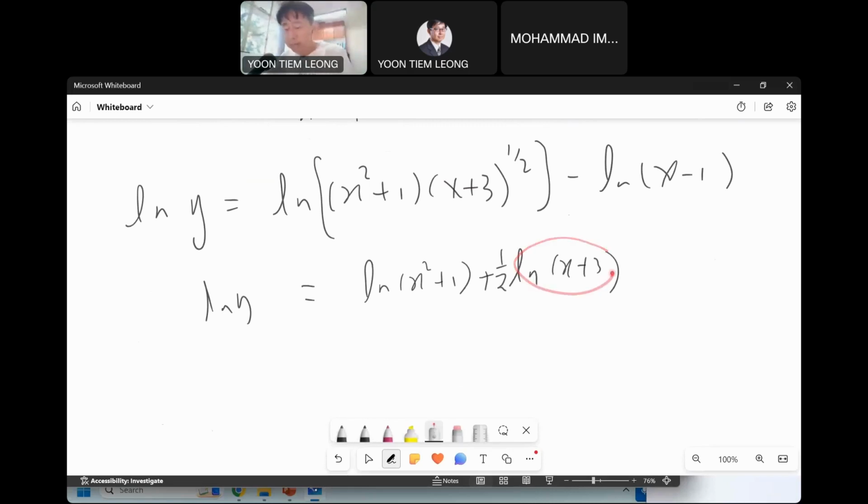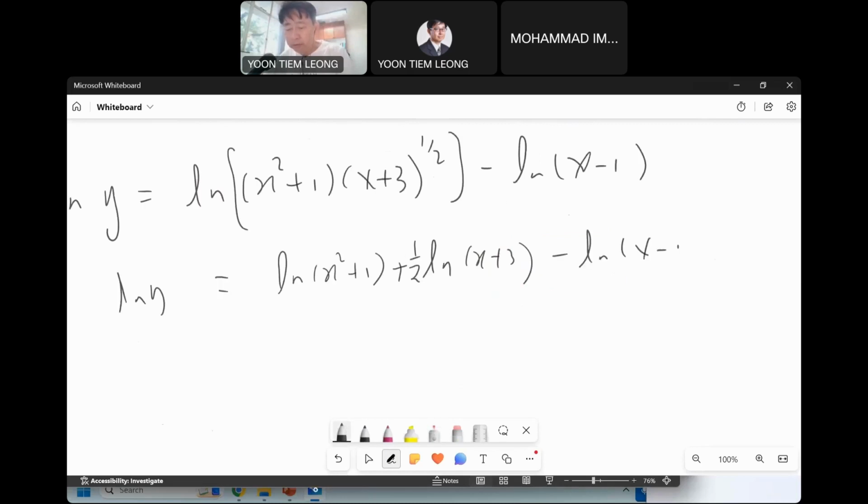Right here you have log of a power term. Now here is the product of two terms. There are no more power terms after you have taken the log. Then you have this log of x minus 1.